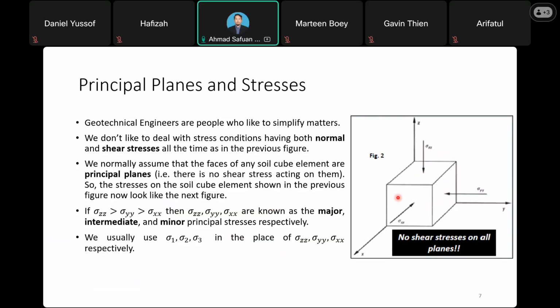Let's say the normal stress sigma z is greater than sigma y and sigma x, then sigma z, sigma y, sigma x are known as the major, intermediate, and minor principal stresses respectively.